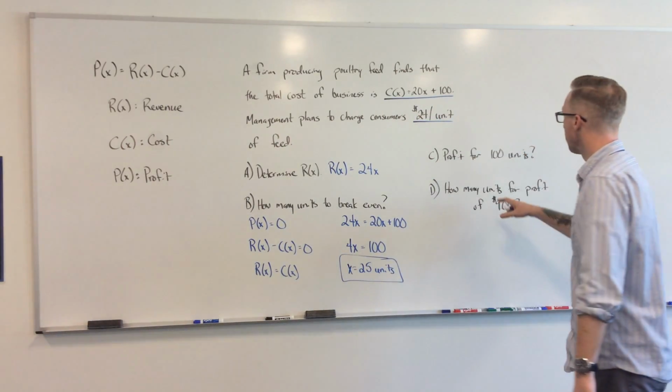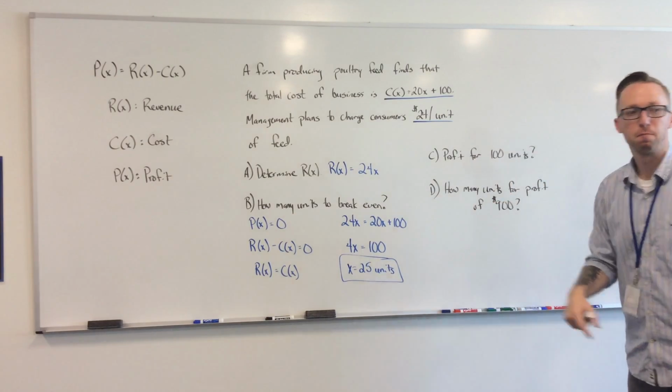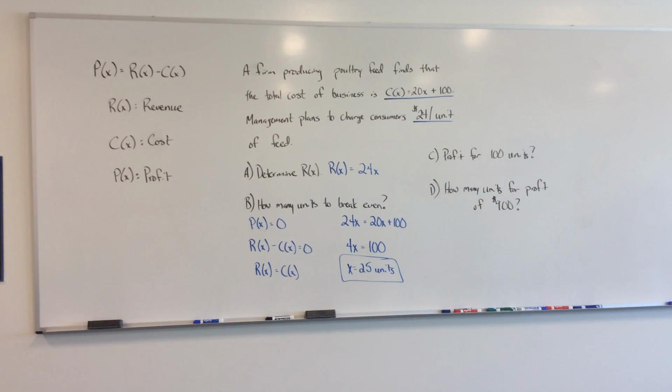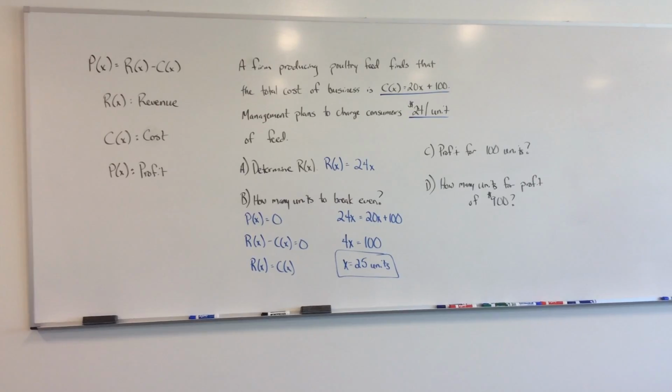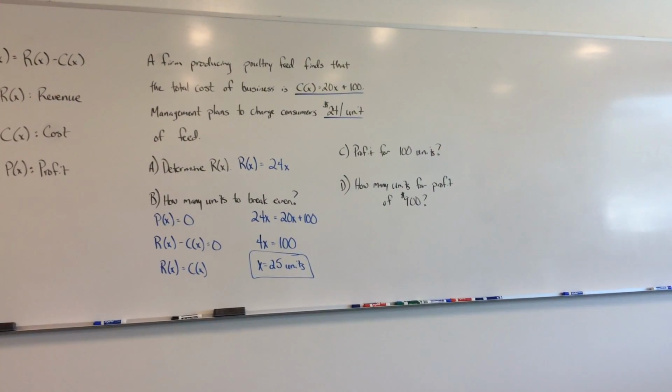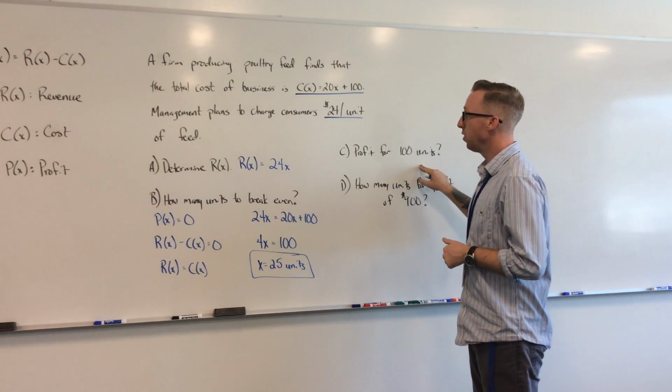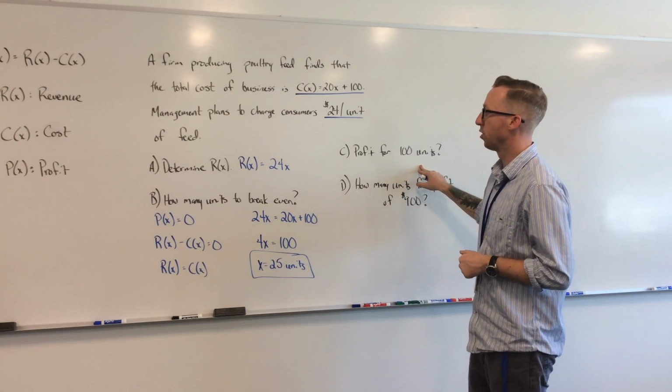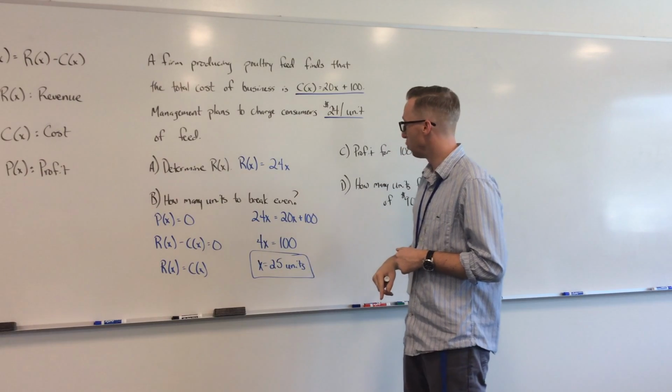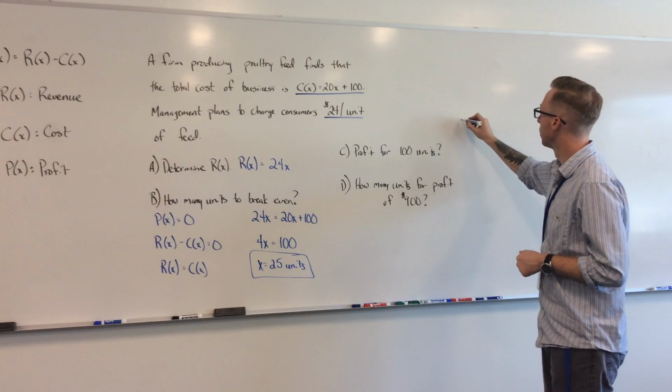Let's go over here and we'll find the profit for 100 units. To find the profit for 100 units, it'd be helpful to have a profit function. Profit function would be revenue minus cost.